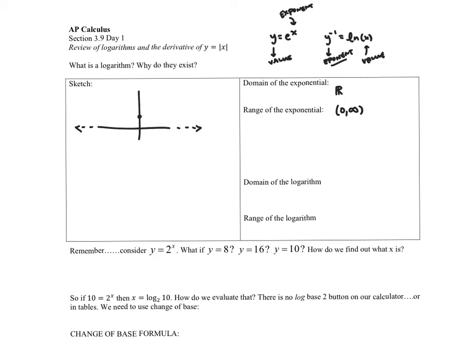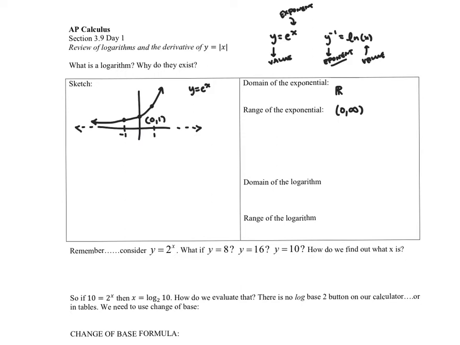Okay, so what would that look like? Well, all exponential functions go through the point (0,1) unless there's a vertical shift or a vertical reflection. Now the function y equals e to the x goes through a couple other points that we can note.